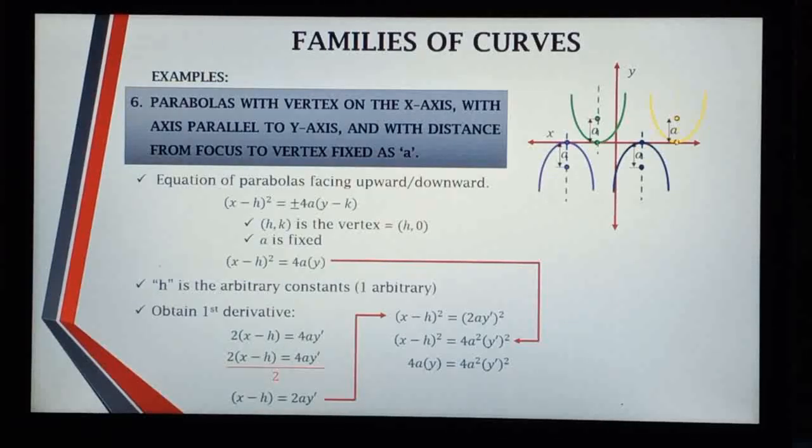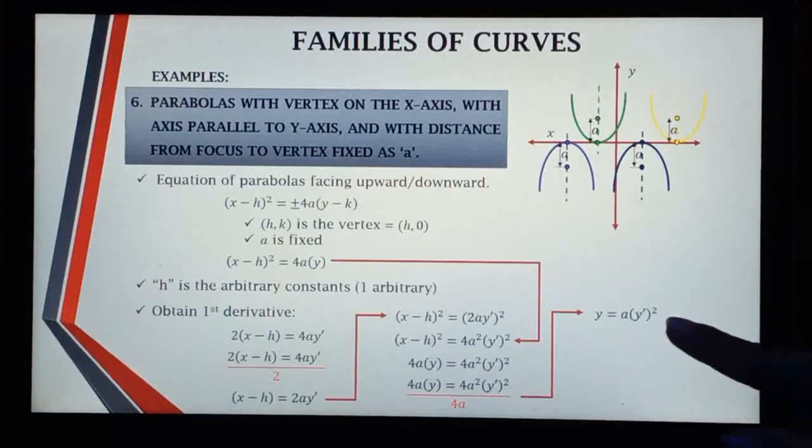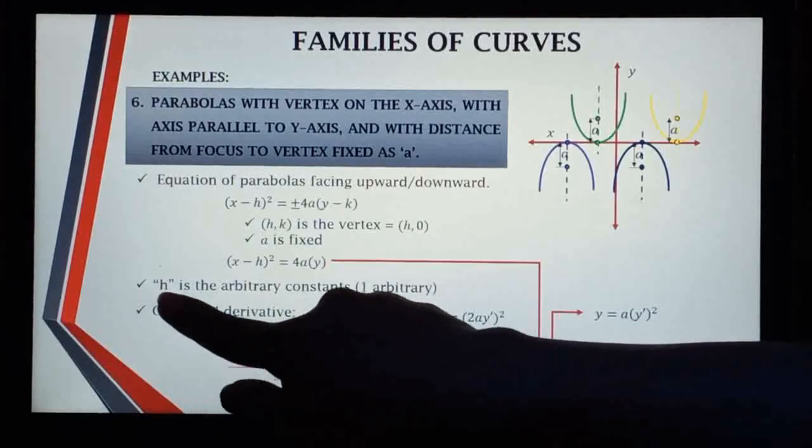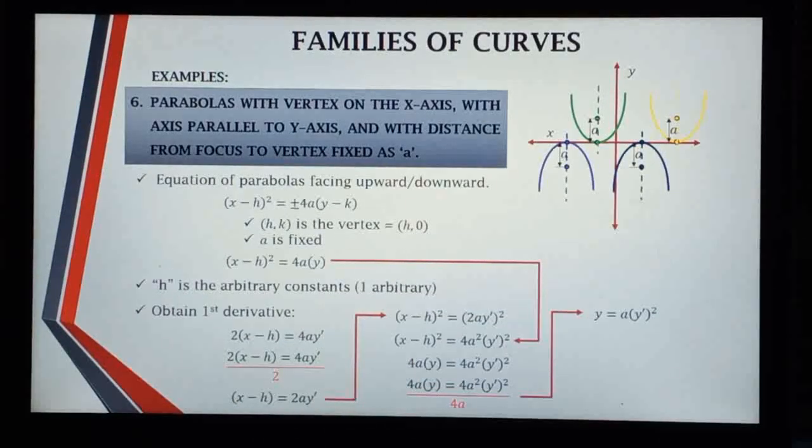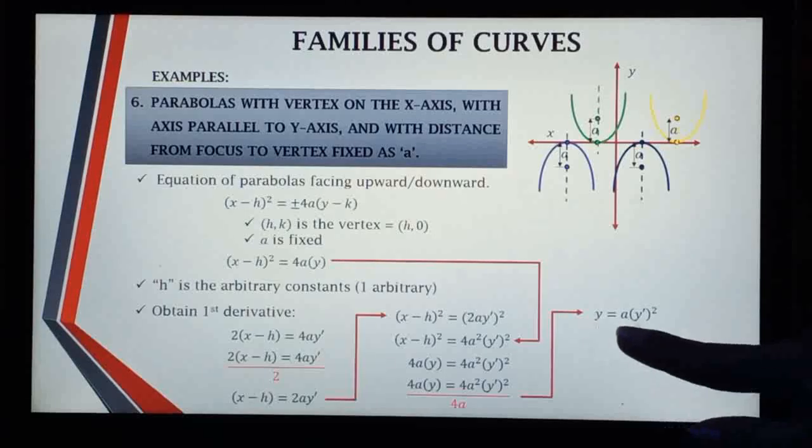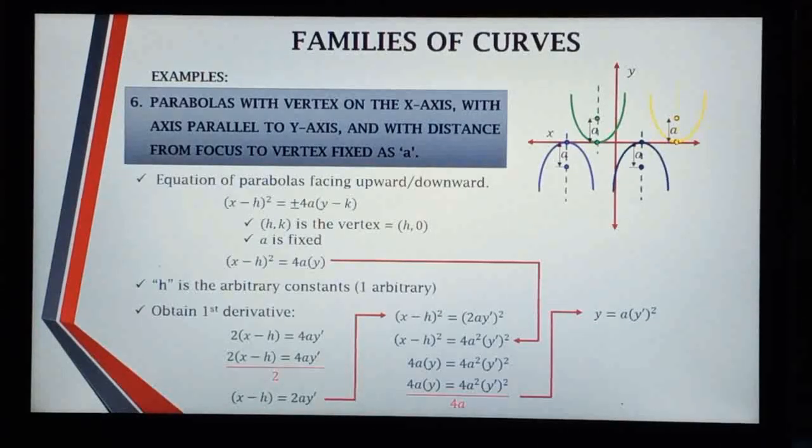Then, simplifying this equation by dividing the equation in 4a, magkakaroon na tayo ng panibagong equation which is y equals a multiplied to y prime squared. Now, in this equation, h is your arbitrary constant and you will notice that this equation doesn't have h.